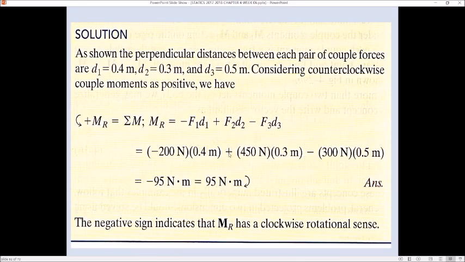So F1 is negative since it's clockwise, F2 is counterclockwise, and negative F3 is clockwise. Substitute all the values and you will get negative 95 Newton meter in a clockwise direction.